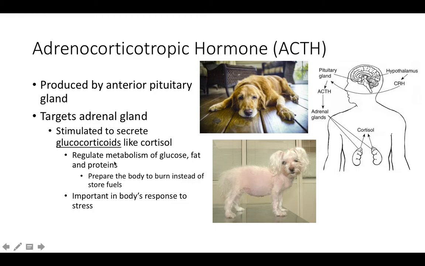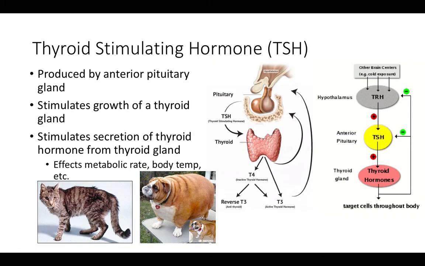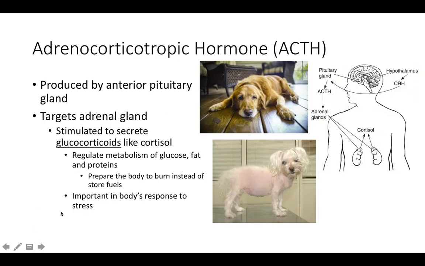And that also can have negative effects in terms of the metabolism of these macromolecules or nutrients that she has coming in. So a lot of times what we see with these guys is they have this insatiable appetite, not very different from kitties that are hyperthyroid or have too much thyroid hormone. And that's a direct effect of these increased cortisol levels.